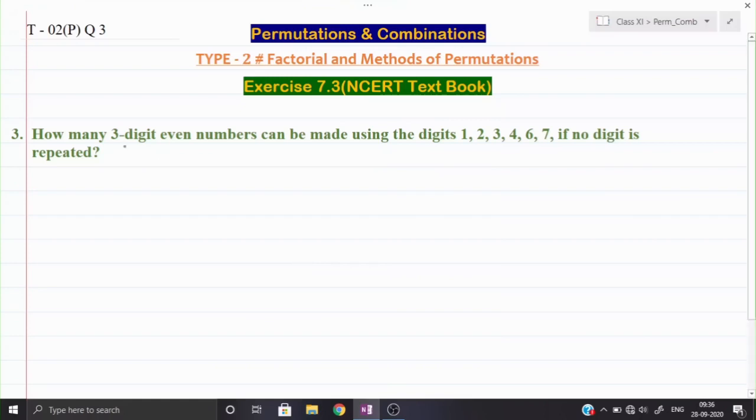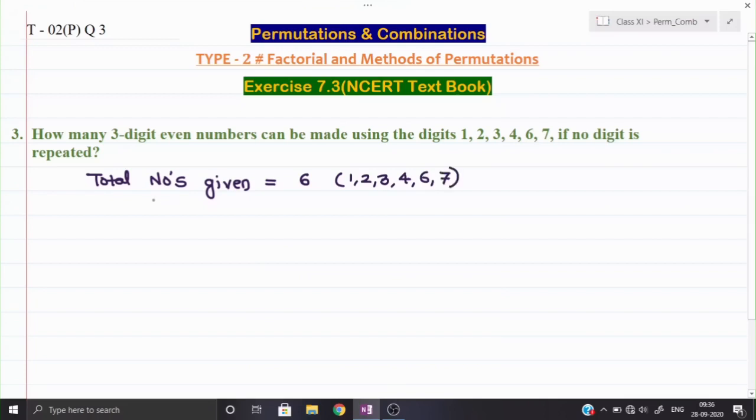First of all, we shall mention here the total numbers given. So the total numbers are 1, 2, 3, 4, 6, 7, that is 6. We will mention here also 1, 2, 3, 4, 6 and 7.